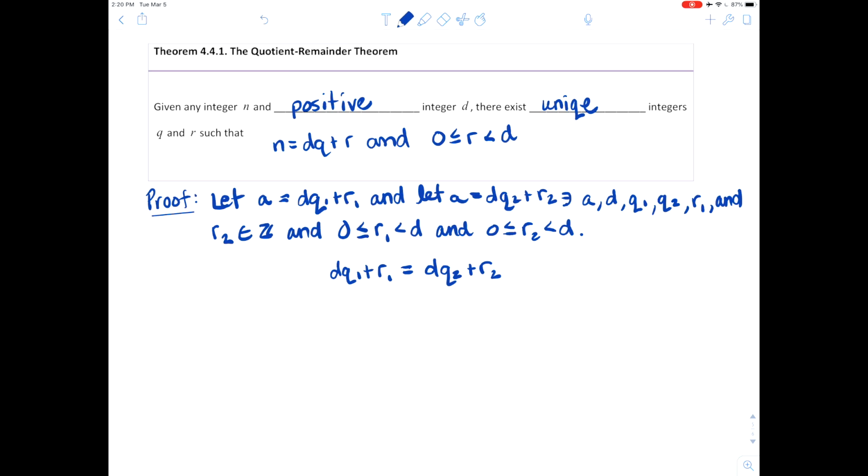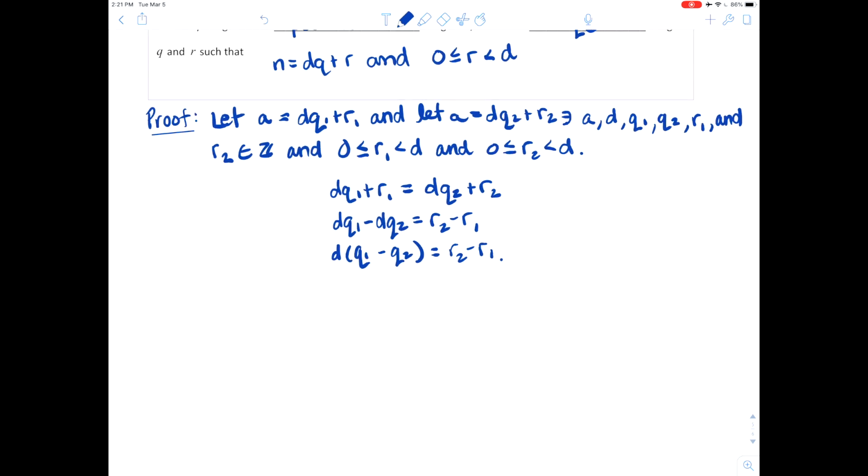All right, so what can we do? If we get the r's on one side and the other stuff on the other side, we would have dq1 minus dq2 is equal to r2 minus r1. And factoring out d, we would have remaining q1 minus q2, and then on the other side, we'll have r2 minus r1. All right. Well, what does this tell us?